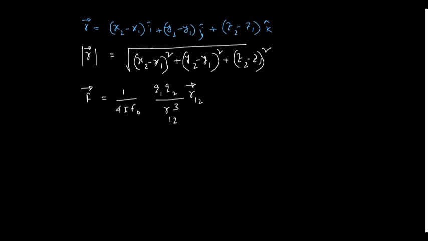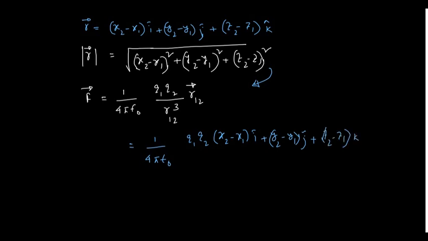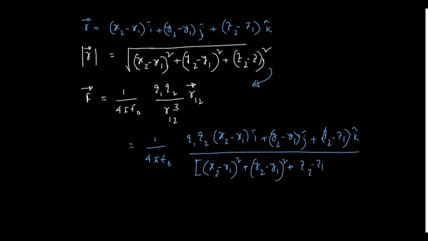If I fit these results into this equation, it will look like 1 by 4 pi epsilon naught q1 q2 times x2 minus x1 i cap plus y2 minus y1 j cap plus z2 minus z1 k cap, whole divided by r12 cube, which means this to the power 3 by 2: x2 minus x1 whole square plus y2 minus y1 whole square plus z2 minus z1 whole square, whole to the power 3 by 2.